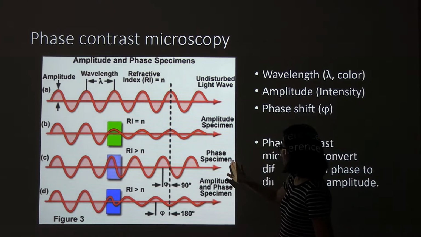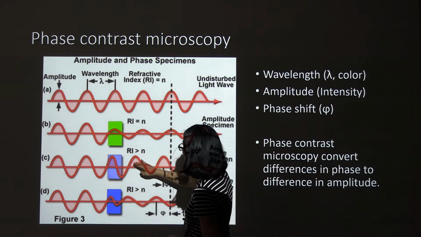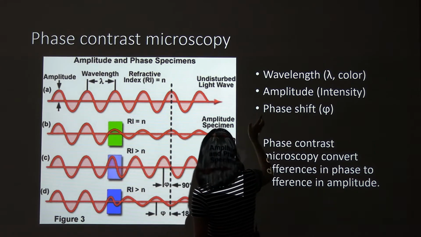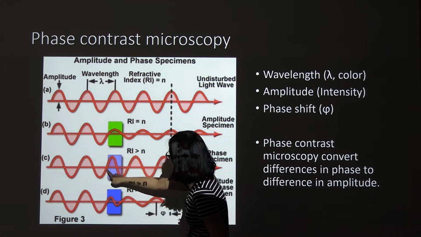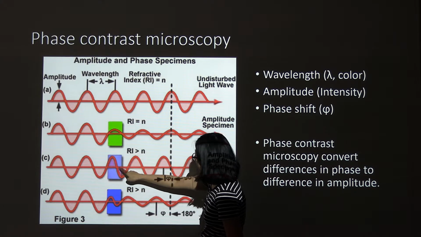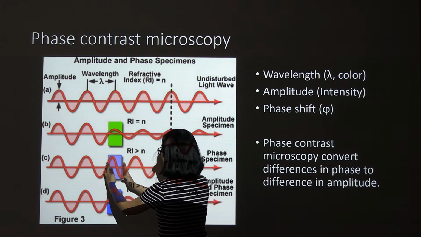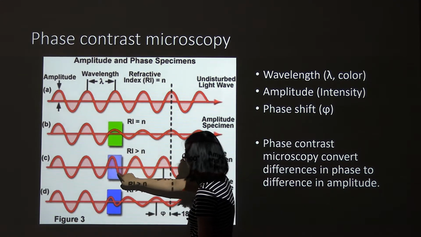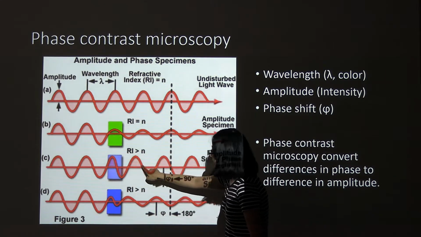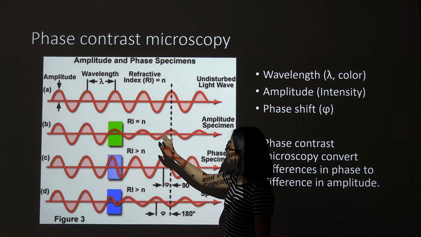And the other type of specimen, they didn't really change the intensity of the light. But if you see here, when the light goes through this specimen, the wave changes a little bit smaller while it is inside the specimen. But when it gets out of the specimen, there's no change in the wavelength.